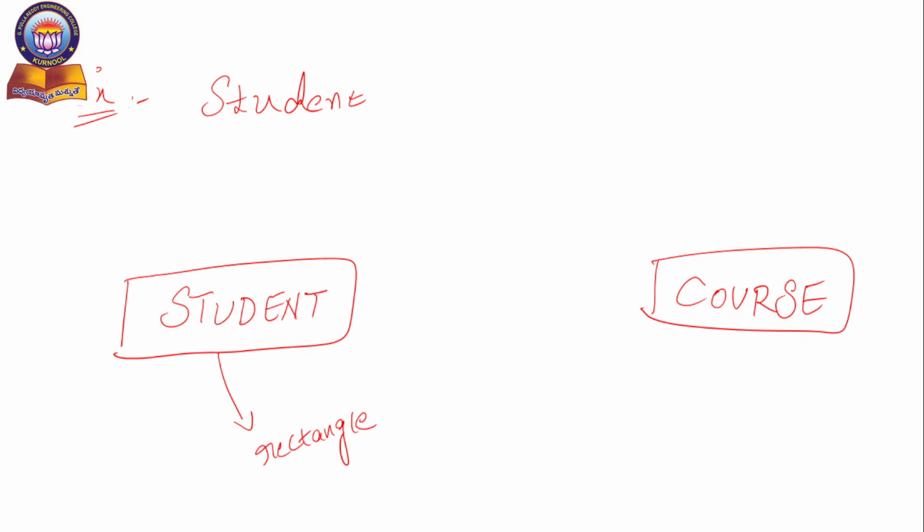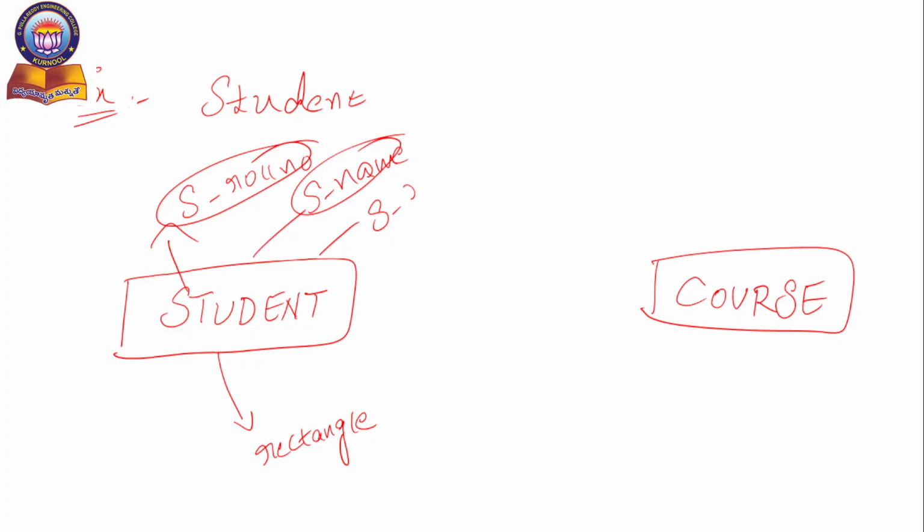Student is an entity, and an entity is an object or thing in the real world. The attributes of a student are student roll number, student name, student age, and student mobile number.